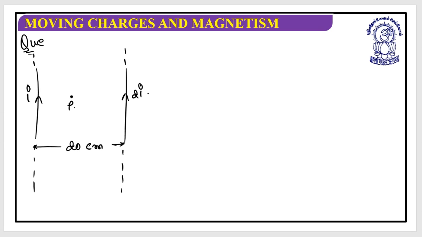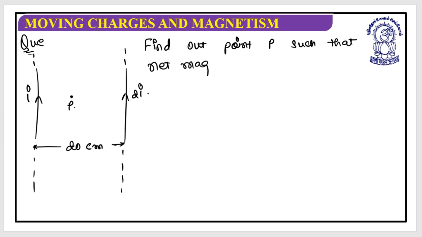What do you need to do? You need to find point P such that the net magnetic field at point P should be 0.